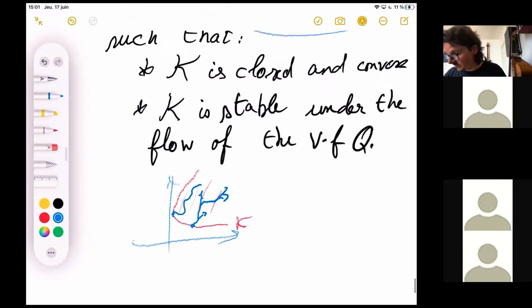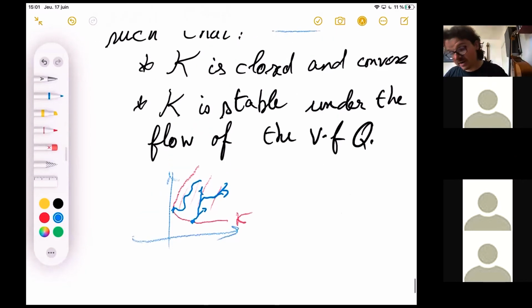Basically, then you can write this. Am I forgetting something? Oh yeah, I forgot a condition.